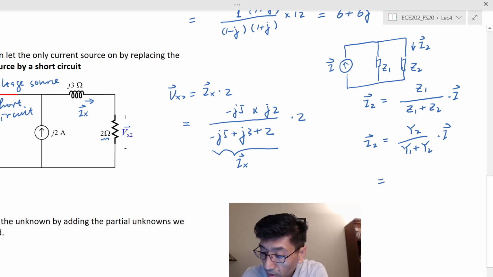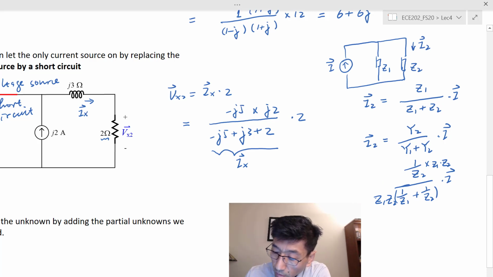If you multiply this out, I get I2 equals 1 over Z2 over 1 over Z1 plus 1 over Z2, times I. Now I multiply Z1 and Z2 on the numerator. On the denominator, what do I get?